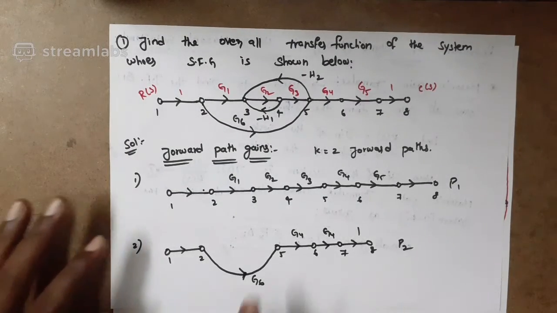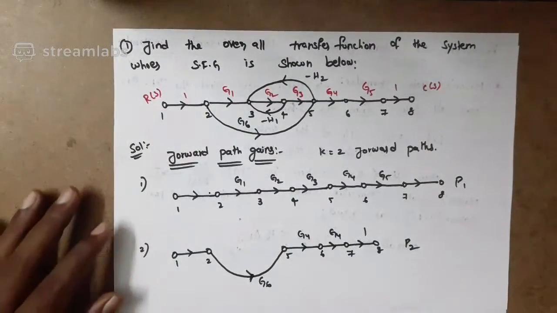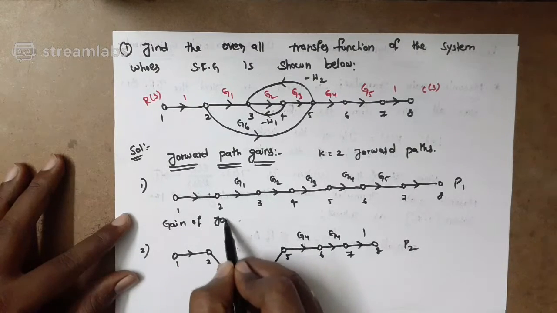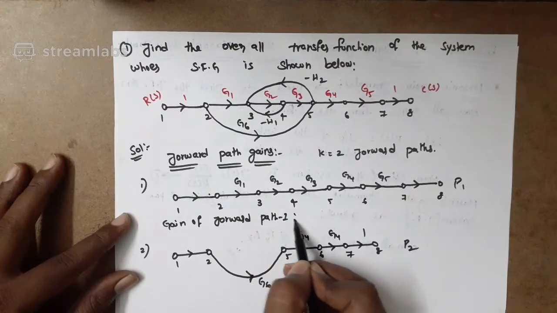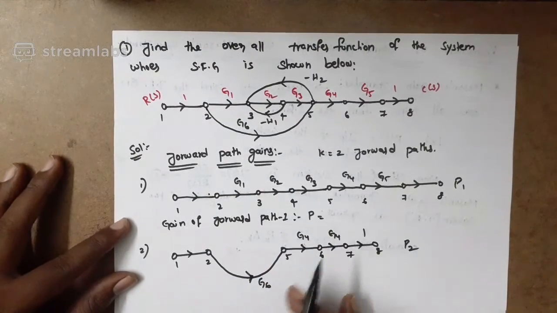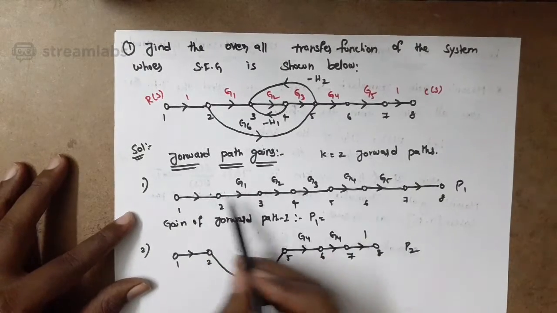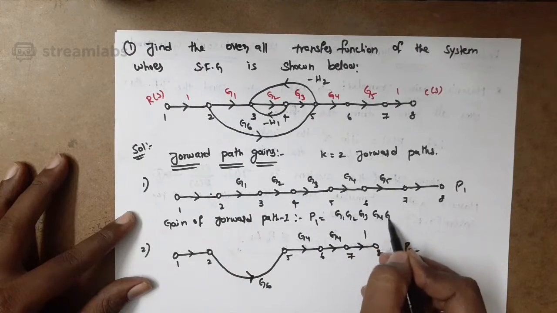Now the forward path gain. P1 is the gain of forward path 1, which is G1, G2, G3, G4, G5.